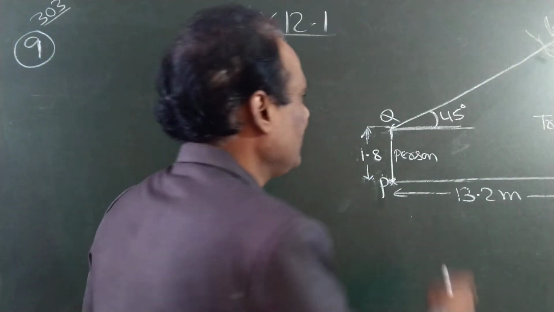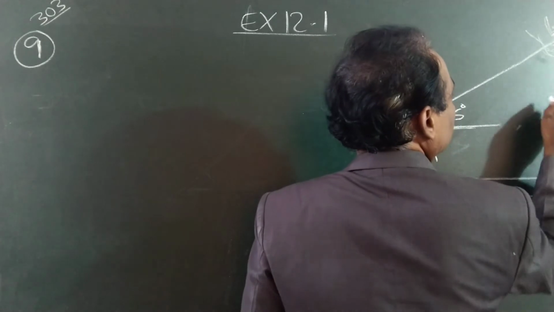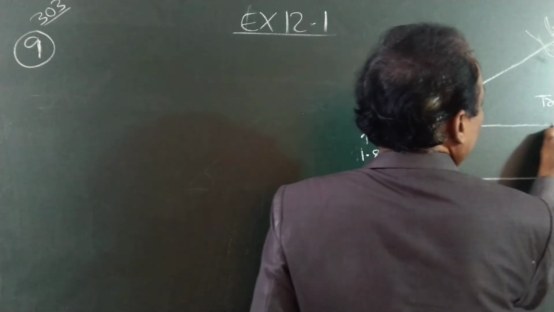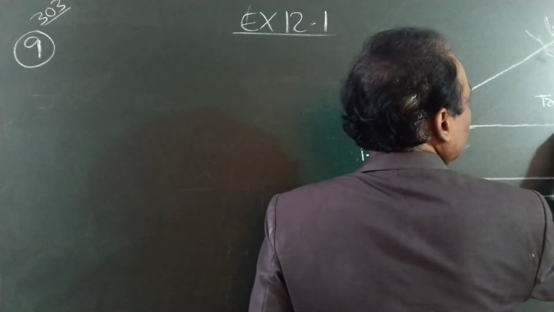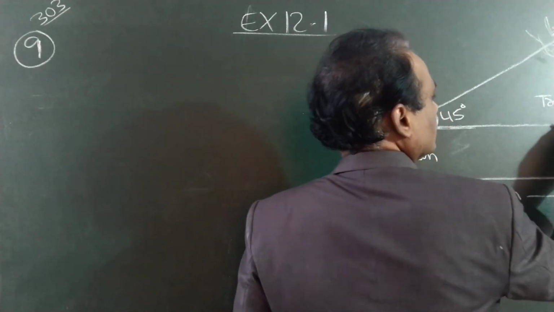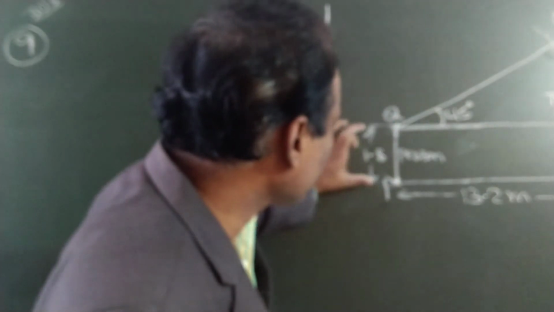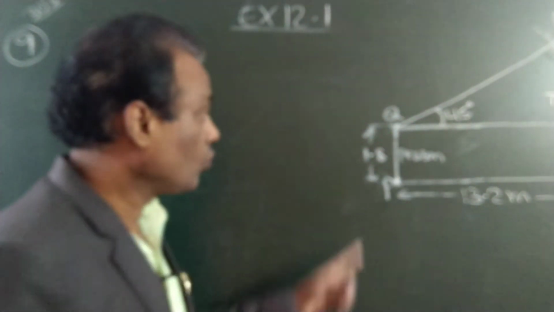Now, this horizontal line I am extending. It is meeting this point, say at C, for example. So, what is this distance? What is the height of this person? What is this PQ? 1.8.